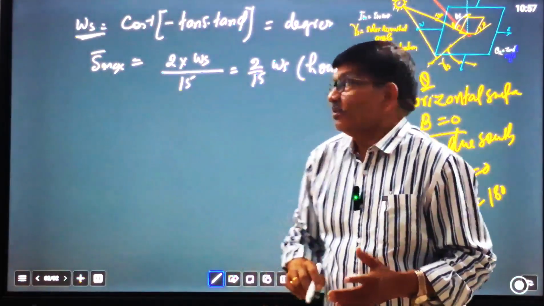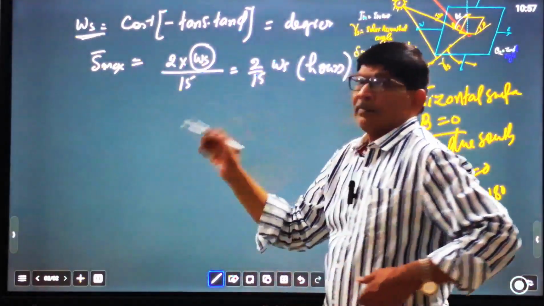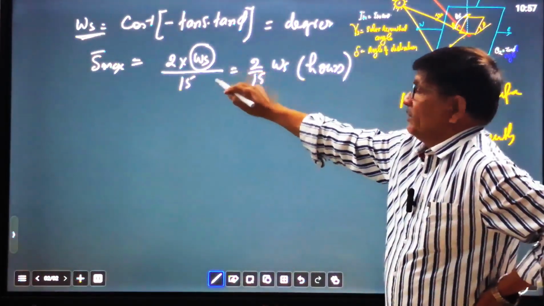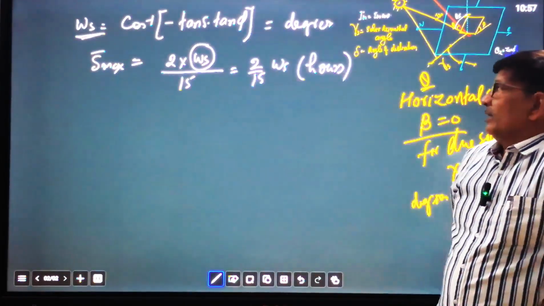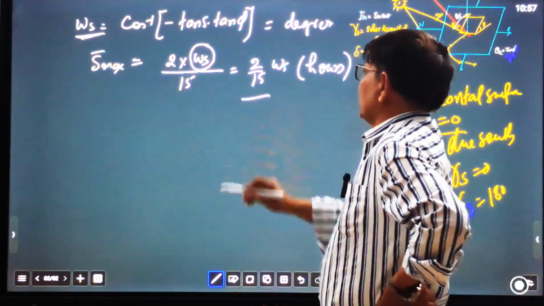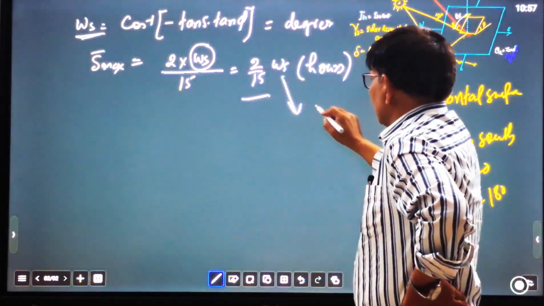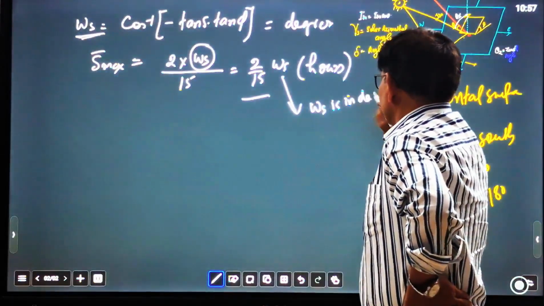This value omega s is in degrees, so no need of the conversion. If it were in radians, then you have to multiply by 180 by pi and divide again by 15 to get hours. So this is 2 by 15 omega s, where omega s must be expressed in degrees.